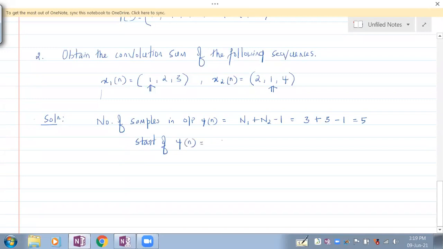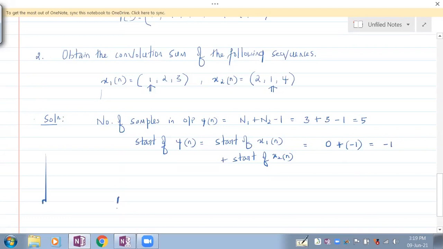So start of y of n is start of x1 of n plus start of x2 of n. So what is the start of x1 of n? 0 is the start of x1 of n. What is the start of x2 of n? The start of x2 of n is minus 1. So where do you think y of n would start? It would start at minus 1.